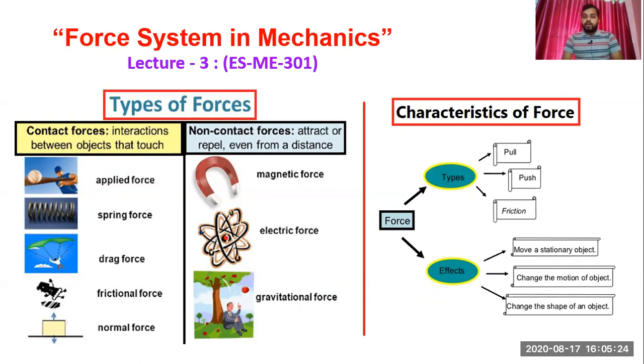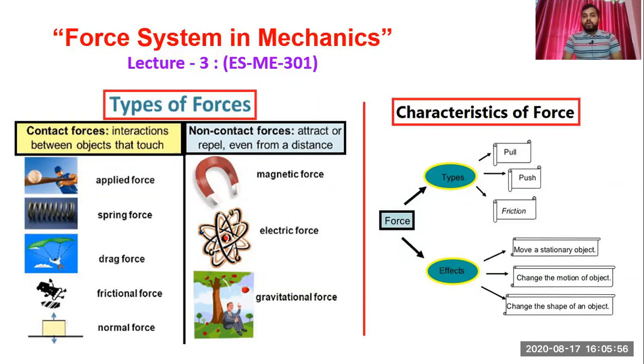In our last class, the second lecture, we had discussed the fundamental laws of engineering mechanics, that is the polygon law, triangle law, parallelogram law, the three laws of Newton, first law, second law, and third law of Newton, and the gravitational law of force.